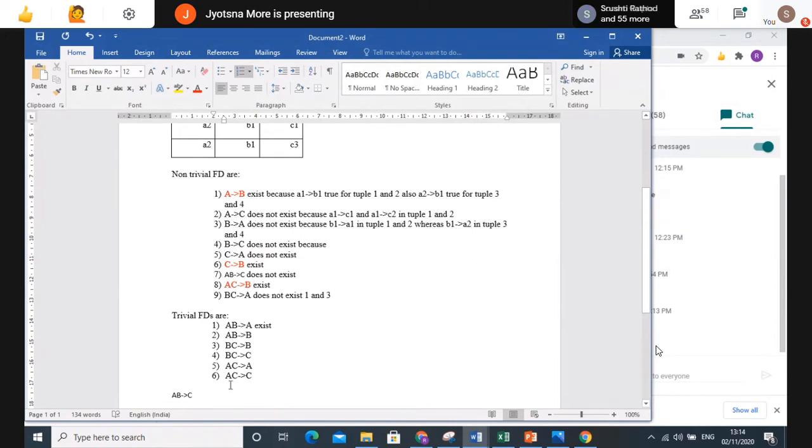So now after this, write down your final answer. So final F plus. You can make the therefore notation in the book. Therefore, F plus is equal to, and in that you mention all your functional dependencies which you got.